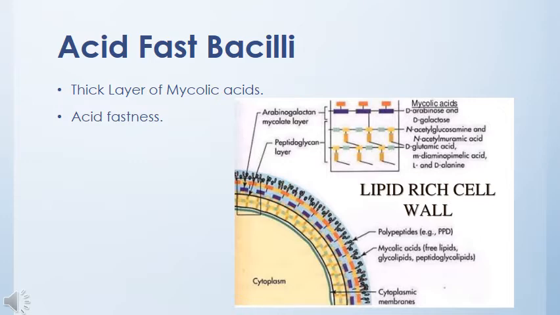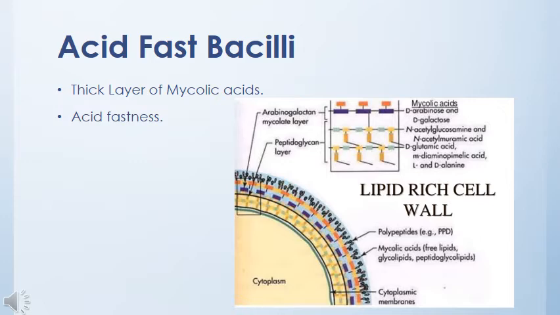In acid fast bacilli, there is another lipid layer present outside the layer of peptidoglycan. This lipid layer is collectively known as mycolic acid. The layer of mycolic acid exists outside the bacterial wall outer membrane.